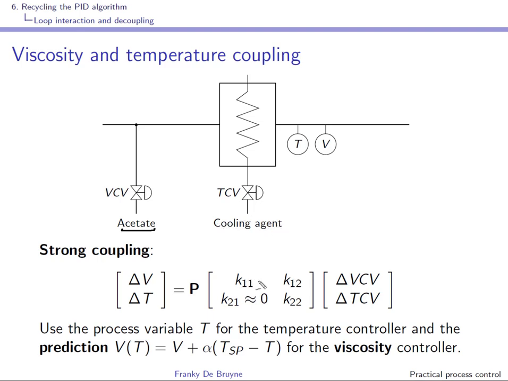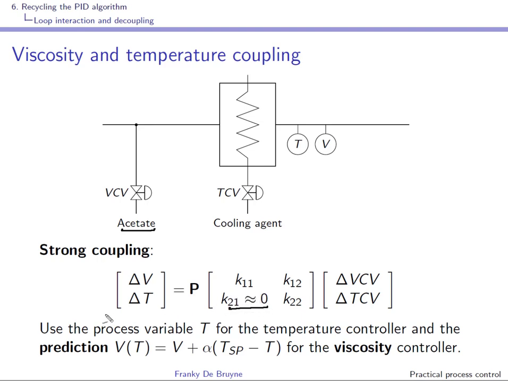So we have here a strong coupling, whereas the temperature is mainly influenced by the flow of cooling agent. We have seen that the flow of acetate has very little influence on the temperature, so this coupling parameter here can be neglected.